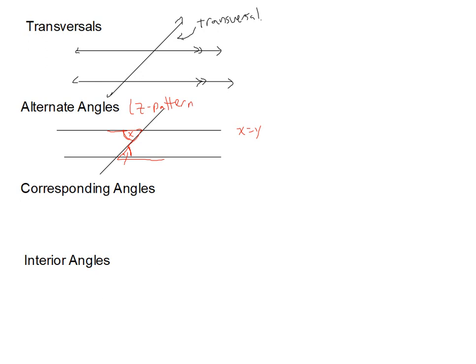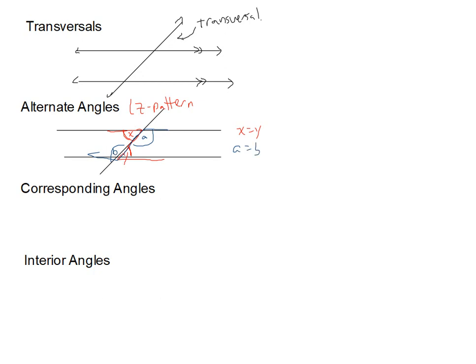And that Z pattern can help us find missing angles. I'll try to draw the other one going the other way. So here's our Z going the opposite direction. We have alternate angles here and here. One's on the left, one's on the right, one's on the top, one's on the bottom. I'll call this A and B. So angle A has to equal angle B.